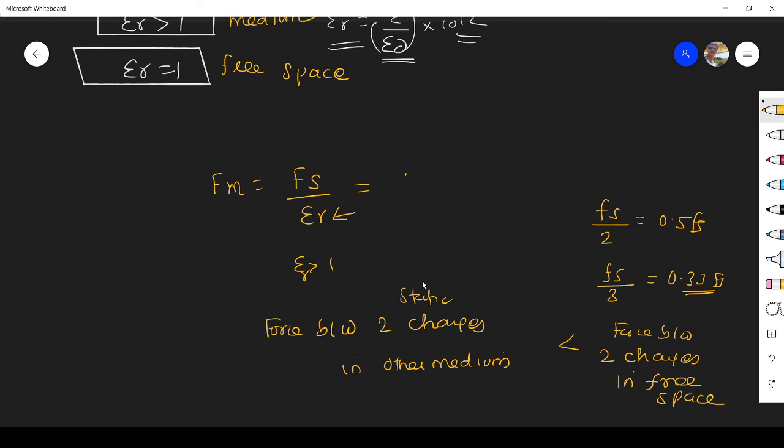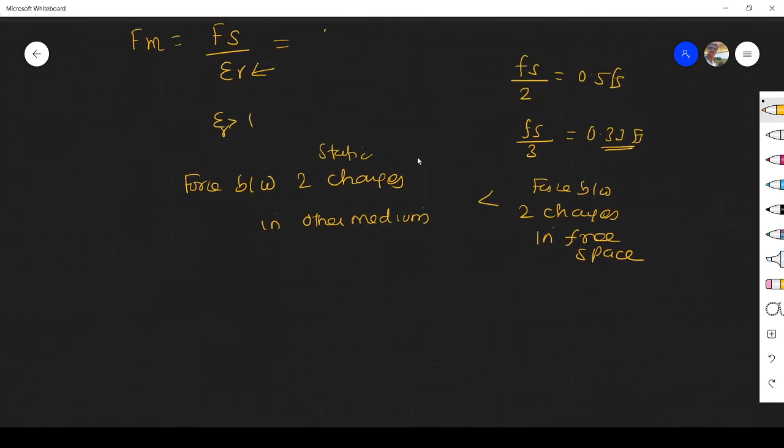This is a very important conclusion, so don't forget this. The force between two charges in vacuum is always greater than the force between the same charges in water.